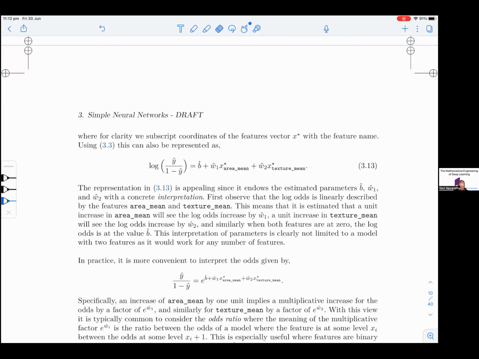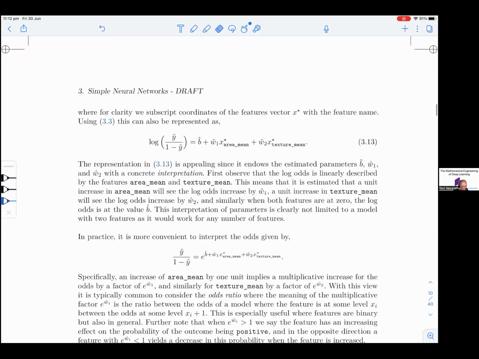A unit increase in texture mean will see the log odds increase by W2 hat. And similarly, when both features are set to 0, the log odds is at the value B hat. This interpretation of parameters is clearly not limited to a model with two features, as it would work for any number of features.